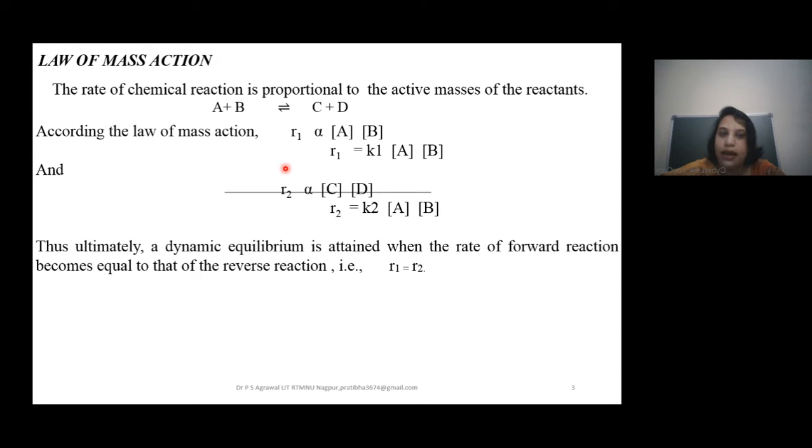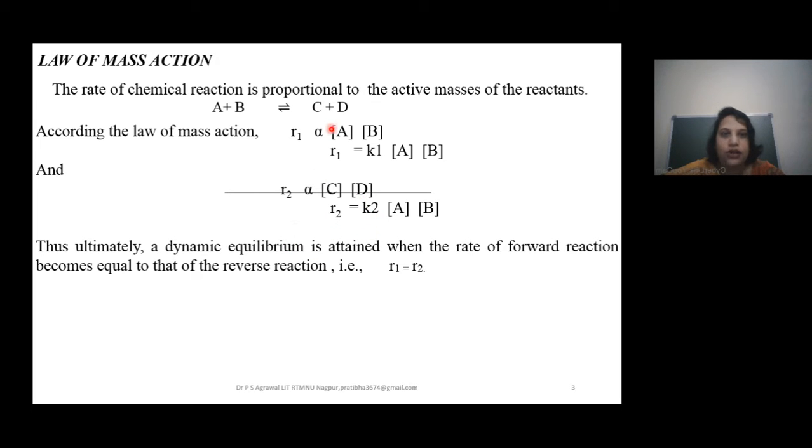It implies activity, which we have seen in the previous talk, but for the sake of simplicity it may be taken as molar concentration. Now consider this reaction, A plus B in equilibrium with C plus D. We know that R1 is proportional to [A][B], or equal to some constant times [A][B], and R2 is proportional to [C][D], again equal to some constant times [C][D], removing the proportionality sign.